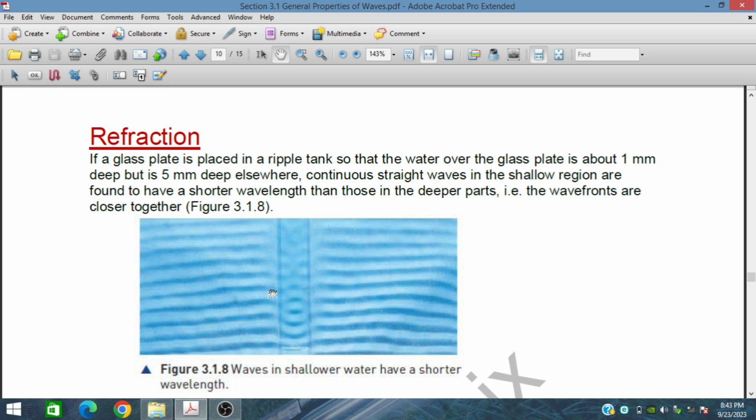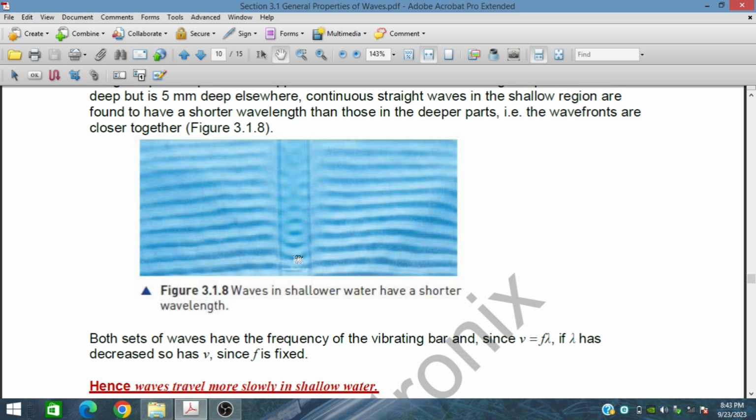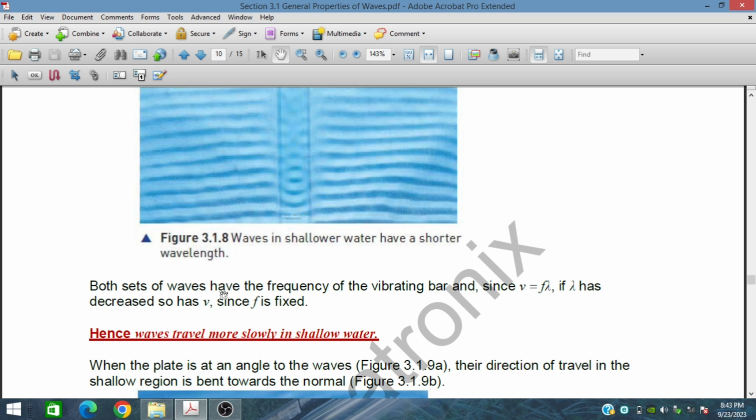If this is the deeper part and this is the shallower part, the wavefronts are closer together. In this region the wavelength will be shorter, so the wavefronts will be closer. The crests will come closer in this region. Both sides of the waves have the frequency of the vibrating bar, and since v equals f lambda, if lambda has decreased, so has v.